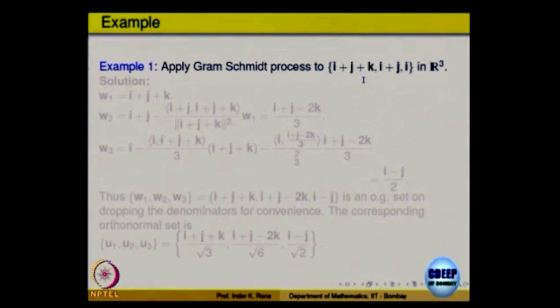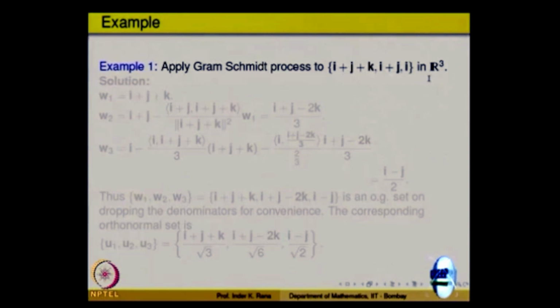In the coordinate fashion it will be (1, 1, 1). What will i plus j be? (1, 1, 0), the third component is 0, and i, that is (1, 0, 0), right? Check, they form a basis of the given vector space, that is R3, you can check.